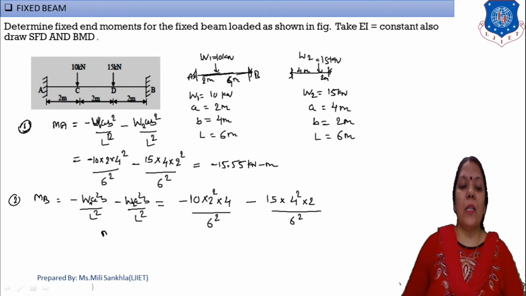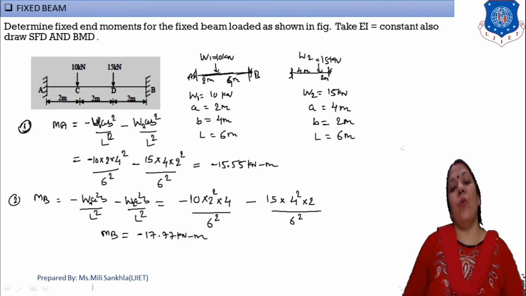Now my answer of moment at B is equal to minus 17.77 kilonewton meter. Okay, here we get two moments MA and MB.